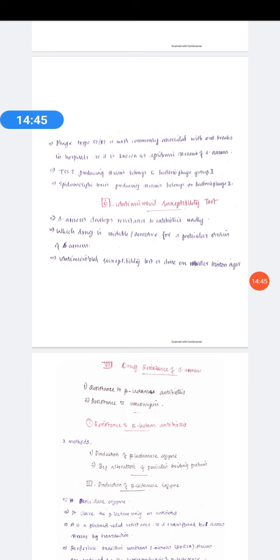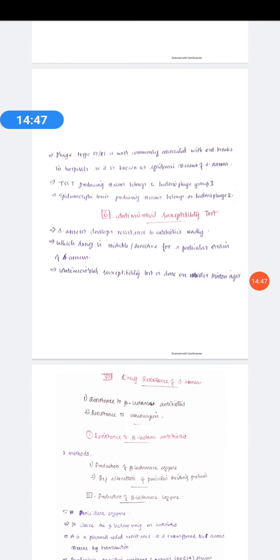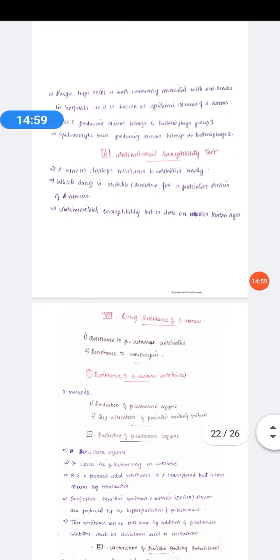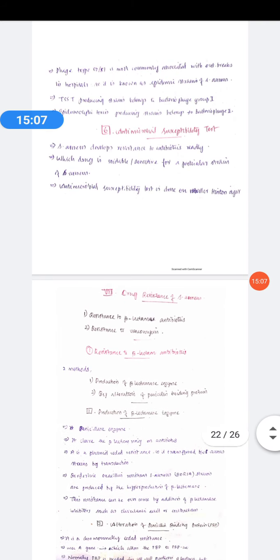And when it comes to toxic shock syndrome toxin, the producing strains belong to bacteriophage group 1. Epidermolytic toxin producing strains belong to bacteriophage group 2. That we said earlier: there is bacteriophage group 1 and bacteriophage group 2. Also phage type 80/81 is related to Staph aureus.